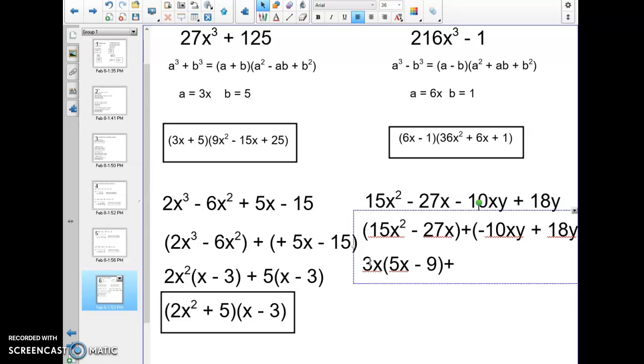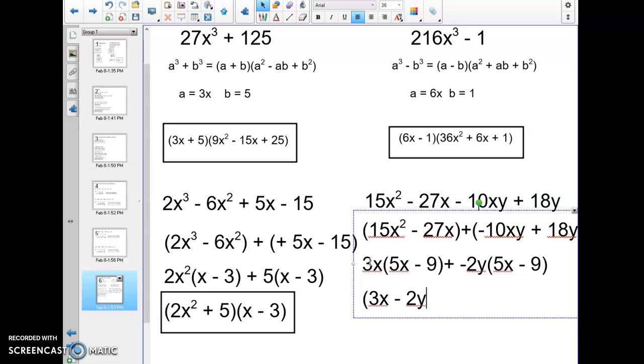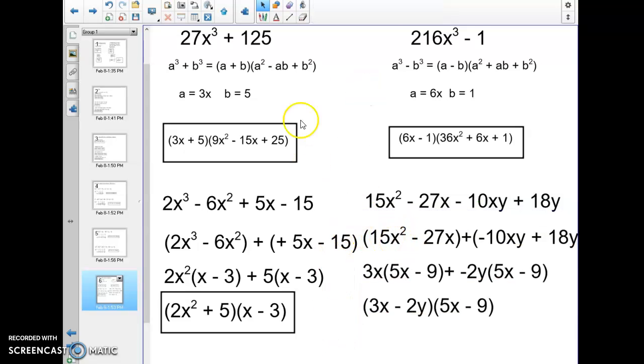And then the next one, we're going to take a negative 2y out. And we're left with 5x minus 9. Notice when I take a negative out, the signs change. Okay? Which allows the same thing to be in each parenthesis. And I'm left with 3x minus 2y times 5x minus 9. And that is how you're going to factor it by grouping.